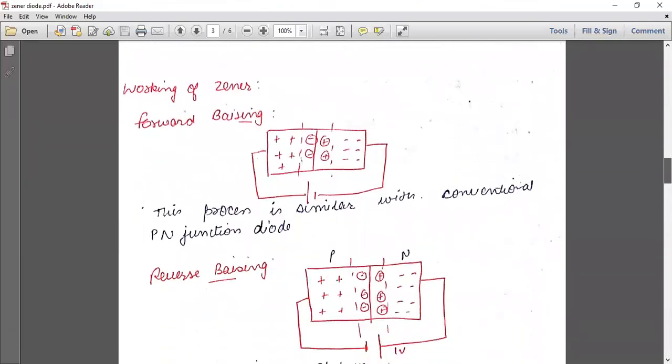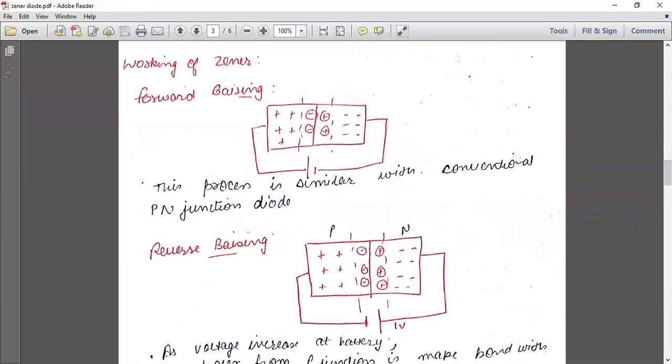Now the second topic is the working of Zener diode. Its working is very important. When we talk about the forward biasing of Zener diode, biasing is the physical arrangement of the circuit. So when we adjust the circuit in forward biasing, it means the P-type semiconductor is connected to the positive terminal and the N-type semiconductor is connected to the negative terminal of the battery.